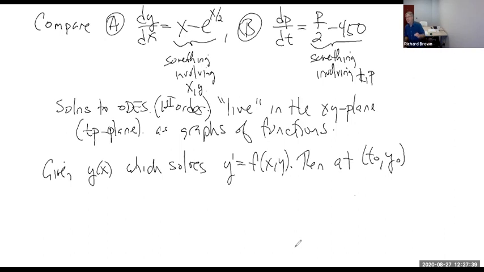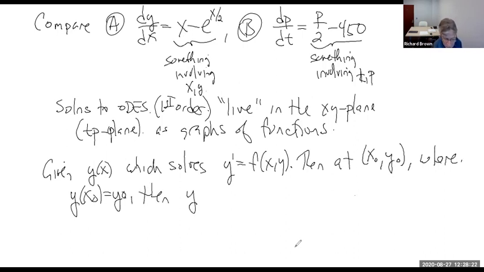If we choose a point in the xy plane that the function passes through, then this function y of x passes through x0, y0, because if I evaluate the function at x0, I get y0. That's true.